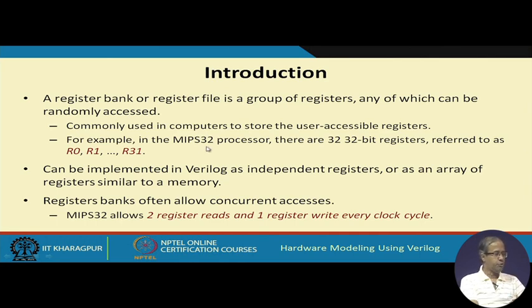A register bank typically supports other features like concurrent access. For the MIPS 32 processor, the register bank is designed so that you can carry out 2 register reads and 1 register write in every clock cycle, which means 3 operations can be carried out concurrently.